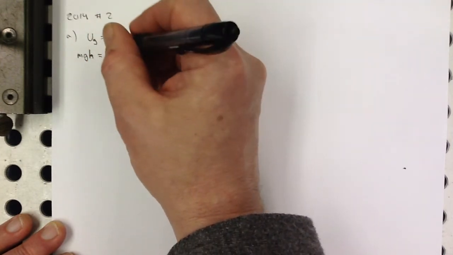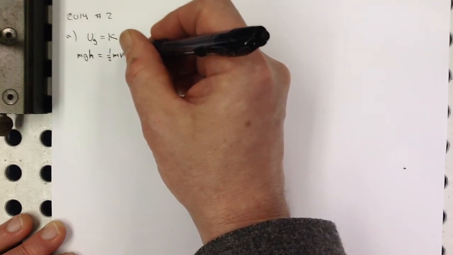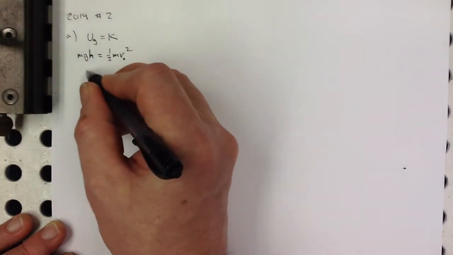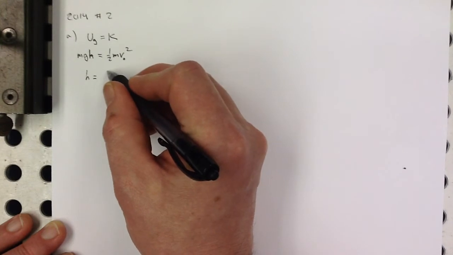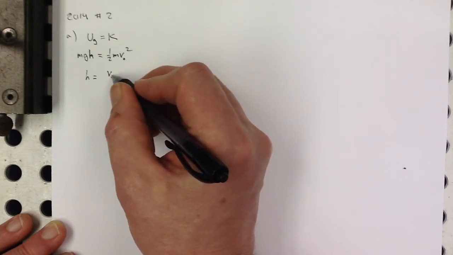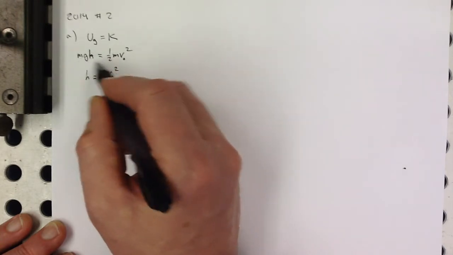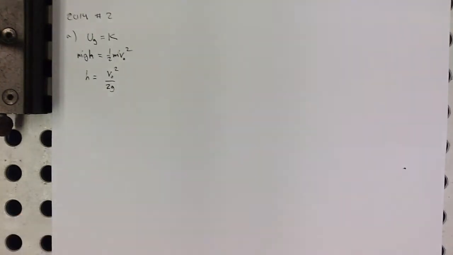And that would be equal to 1/2 m times its velocity squared. So h is equal to v sub 0 squared over 2g. Right? Our m's cancel out. All right, there's part A.